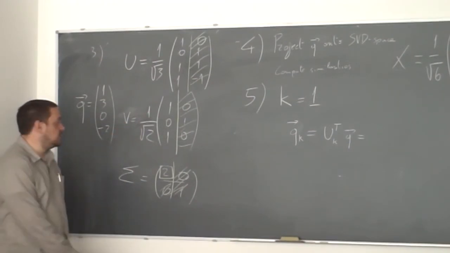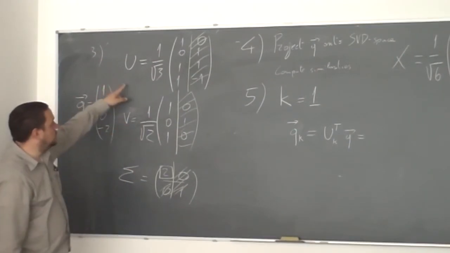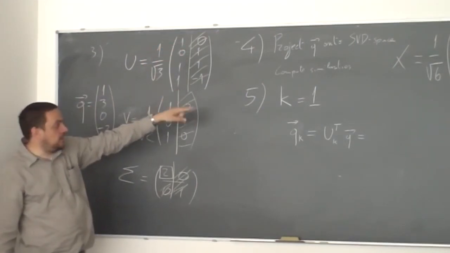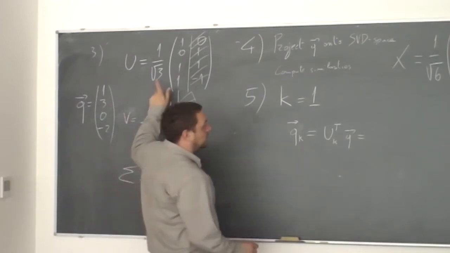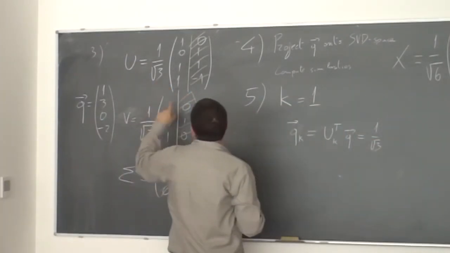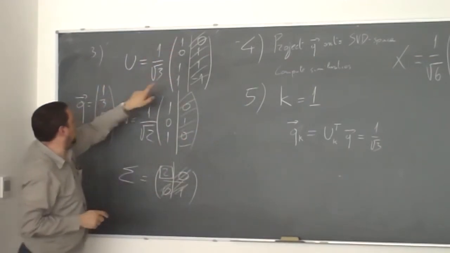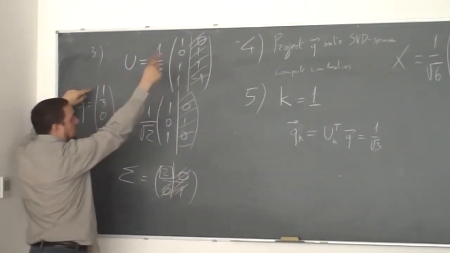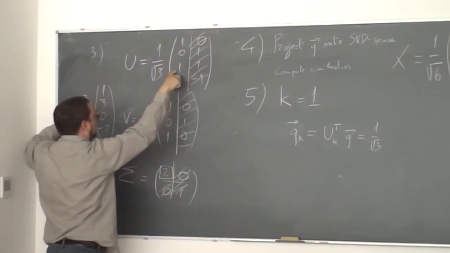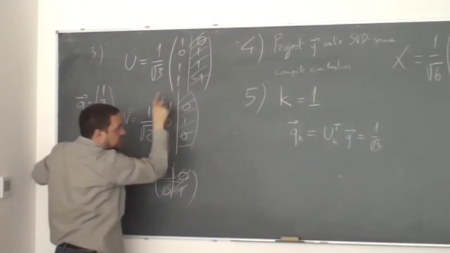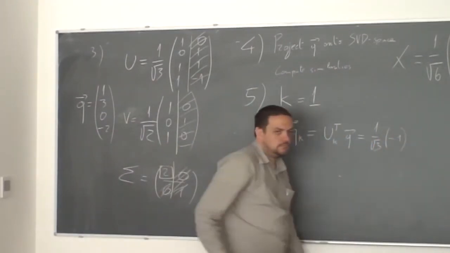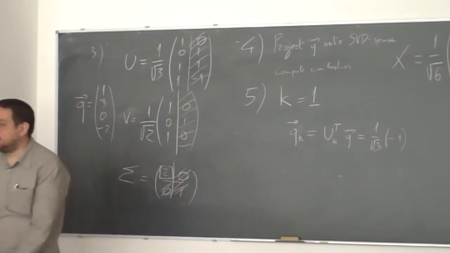Now, if the rank is 1, we are multiplying this single column matrix by Q. So we get 1 divided by square root of 3 times this column by this vector. I don't remember how it was before. 1, minus 2, so it is this very small vector.